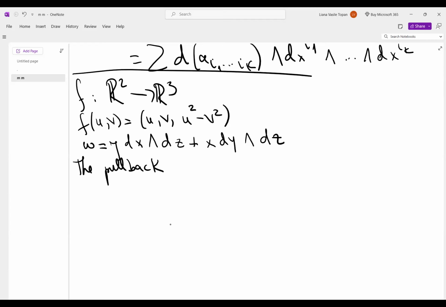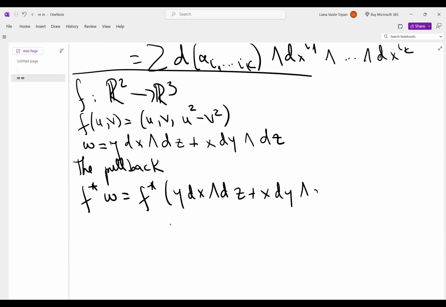Okay, let's compute f star omega, the pullback along this. So this is f star of y dx wedge dz plus x dy wedge dz, right? I'm just replacing it here.